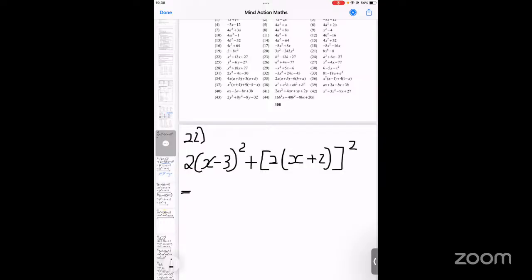Okay, what about that other part where it's plus? I would distribute the 2 inside. Then the answer that I get, I'm going to square it, so I'm going to get the answer. Then the power of 2 is going to remain, so that means I also have to write it twice.